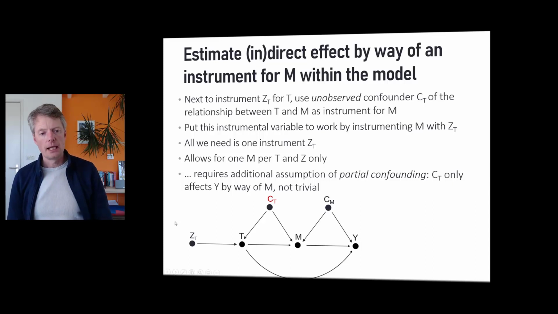And the idea is that when we use this instrument also for the mediator, then that actually means that we use this confounder here, and any confounder of the relationship between the treatment and the mediator, as our sort of implicit instrument.